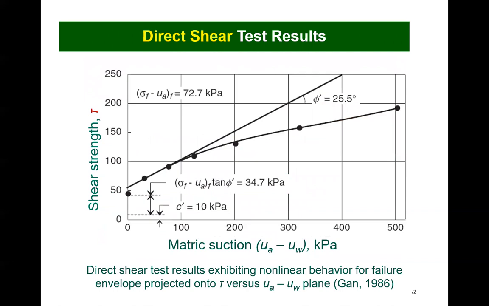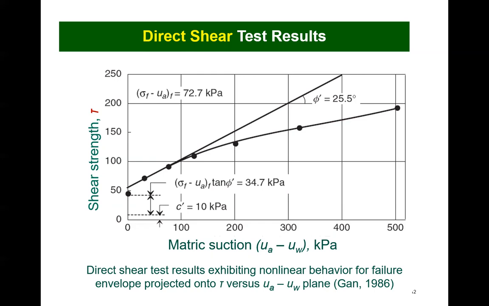The nonlinearity of the matrix suction shear strength function is obvious from controlled laboratory results such as those published by Gan in 1986. It is interesting to note that under low applied suction conditions, that is less than the air entry value, the slope of the shear strength envelope is essentially the same as that for an effective angle of internal friction phi prime.